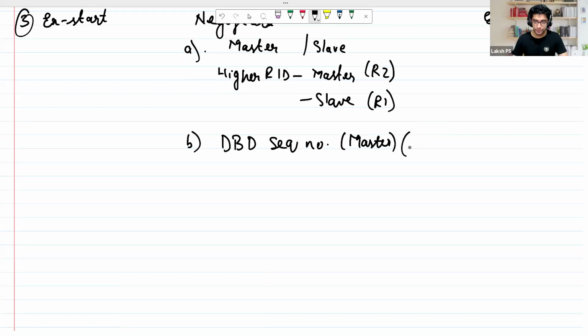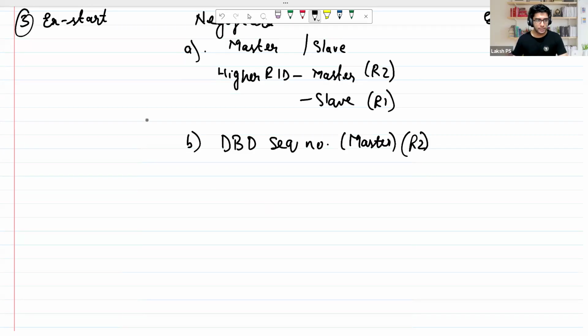So R2's DBD sequence number will be chosen, meaning that both the routers, the slave and the master, both of them will call themselves master first. Please remember this. They will call themselves master first. Okay.